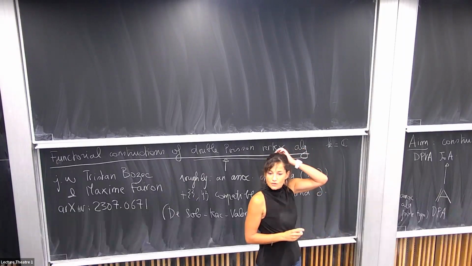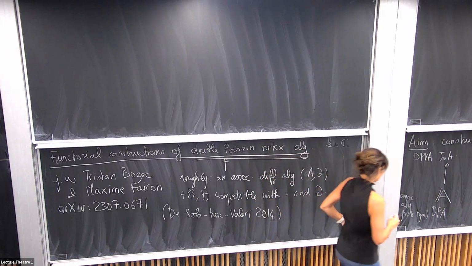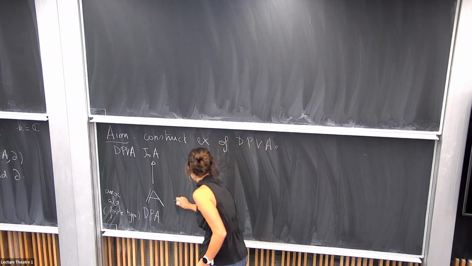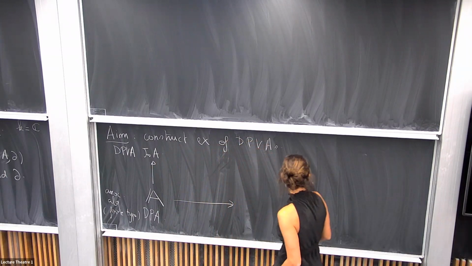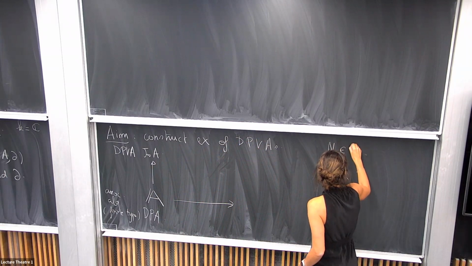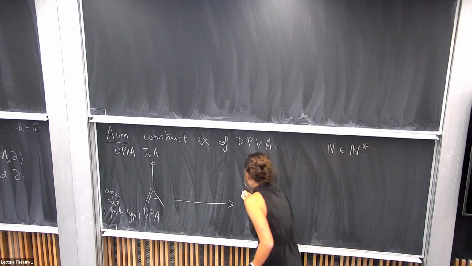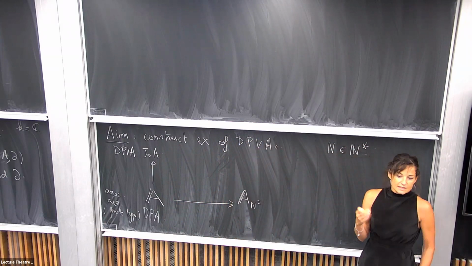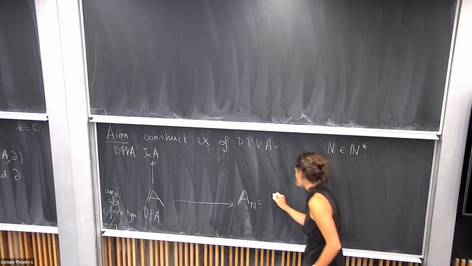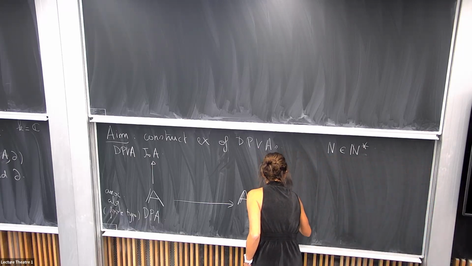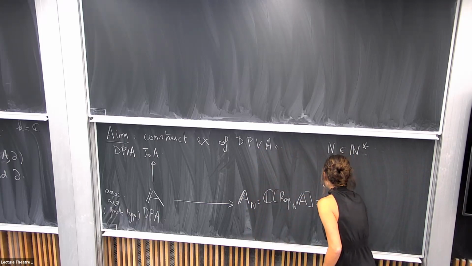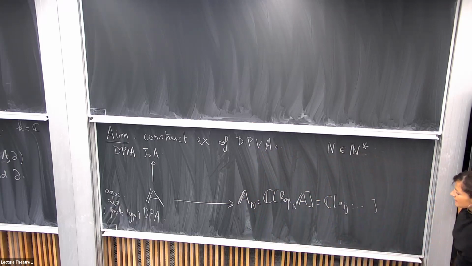Now if you use the representation functor, it associates to any associative algebra a commutative algebra. Here I need to fix a positive integer n. It is the coordinate ring of the affine scheme of n-dimensional representations, the algebra of matrices with the obvious relations.